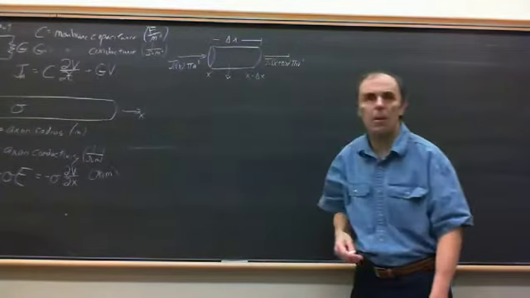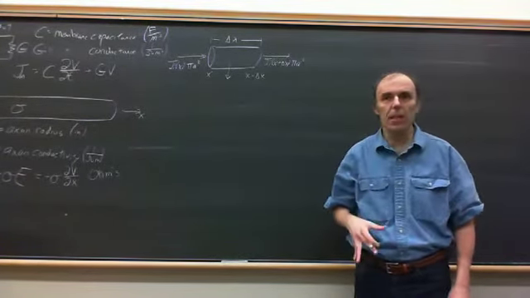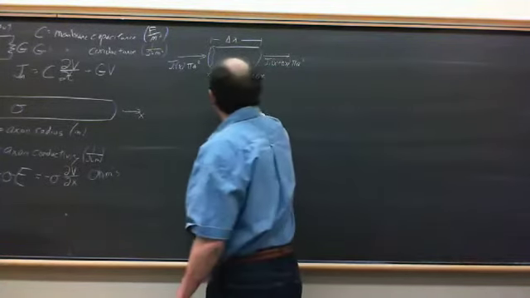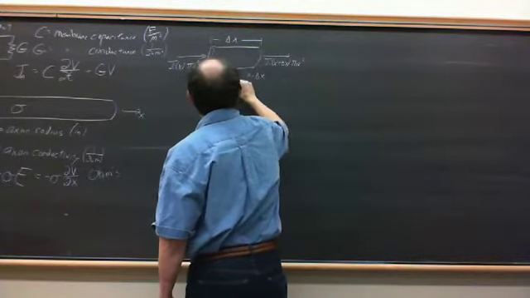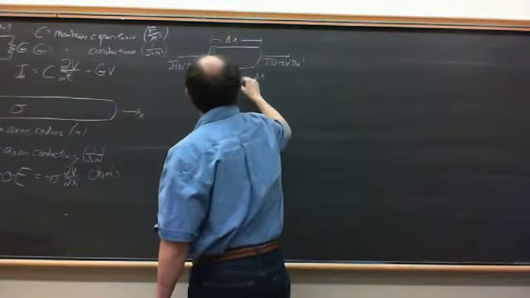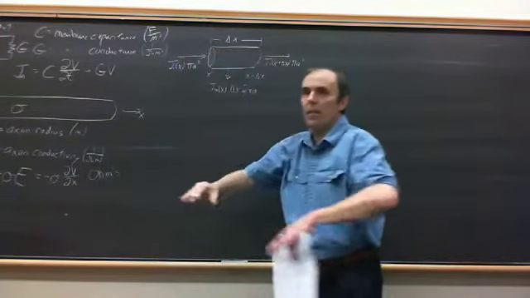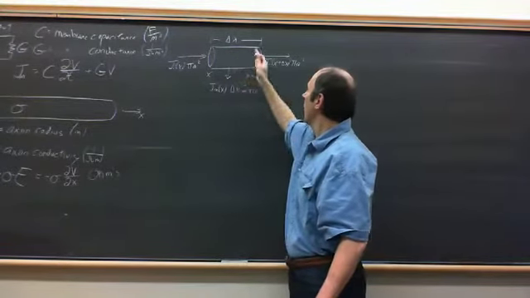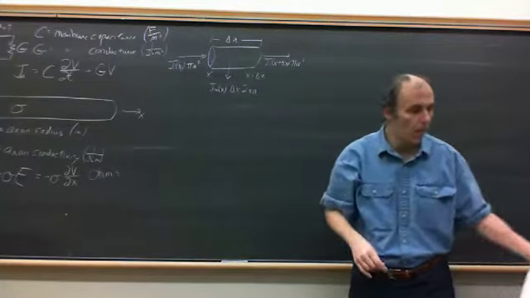To know how much total current, you have to take Jm times the surface area. The surface area is going to be delta x, the length, times the circumference, 2 pi a. If I cut this and set it out flat, it would be a sheet of width delta x and length 2 pi a. Okay, so we're almost there.